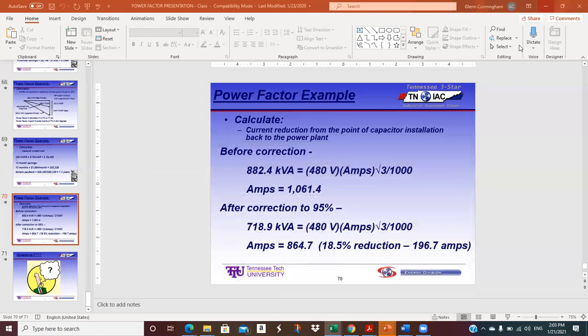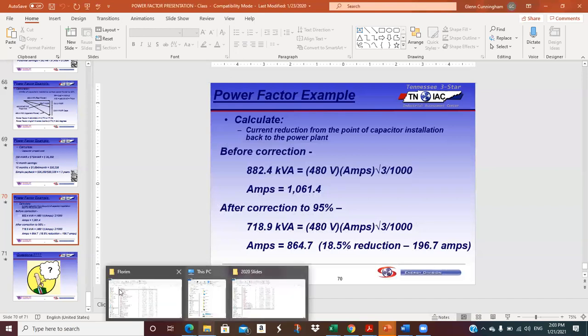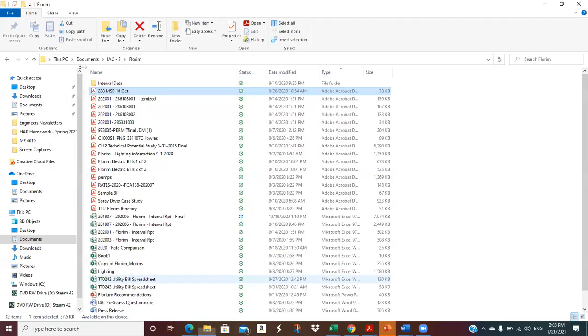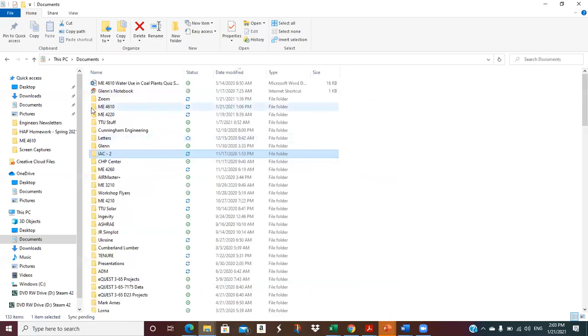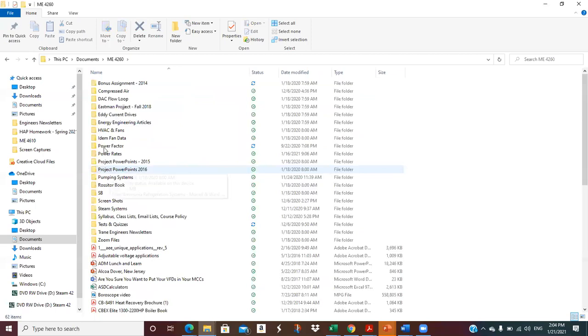Okay, there's that. Now we're going to look at some of these rate structures, if I can find them. I think I can. Let's see. Rate structures. That's in this course, I think. Power rates.